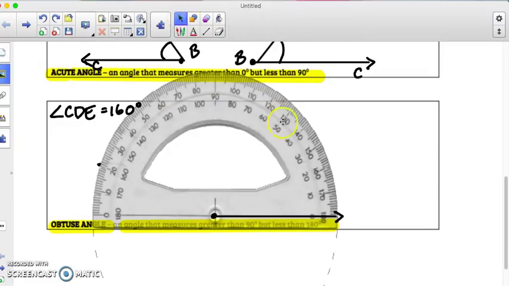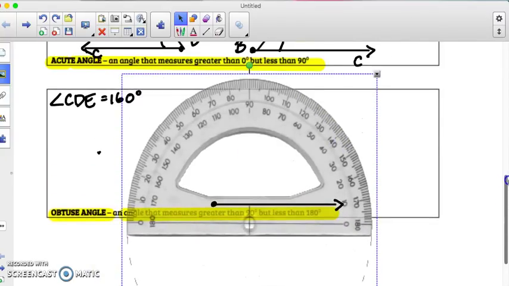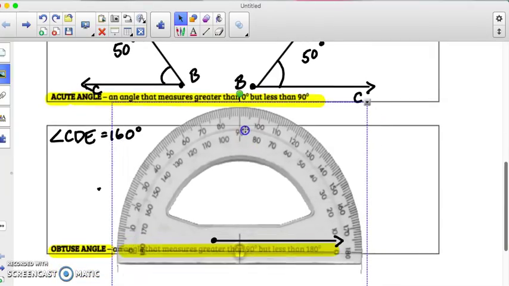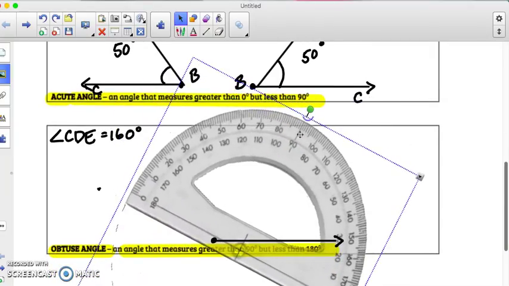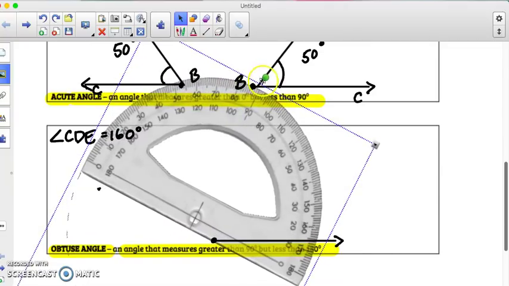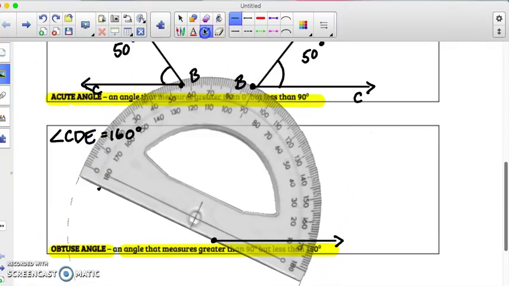Same process as before. You're going to take your protractor, and you're going to line up again your vertex with that. You're going to draw your straight line. So the vertex and the marking match up.